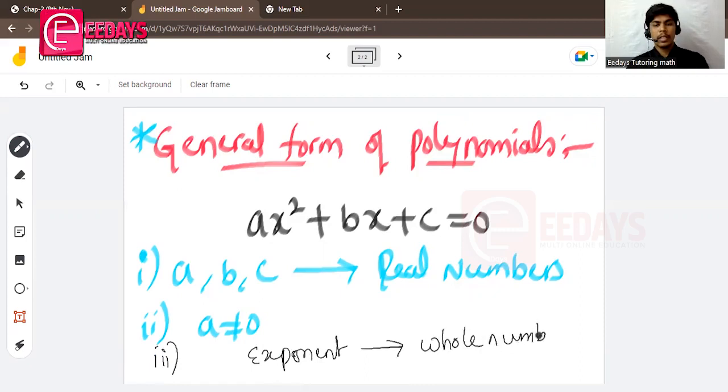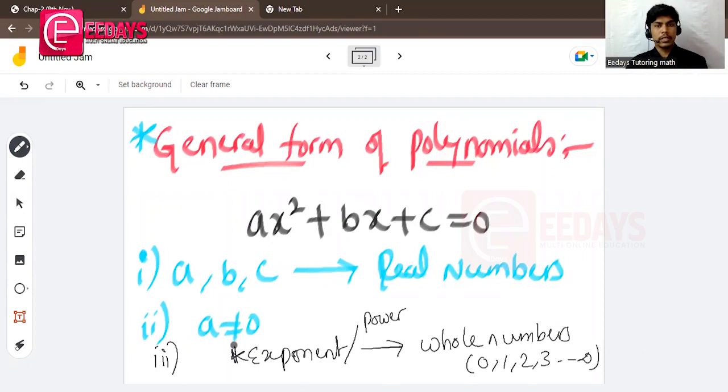Exponent or power, whatever the word, it would be a whole number. What is a whole number? That is 0, 1, 2, 3 and so on to infinity. So the power is not negative. Remember that. This is really important.